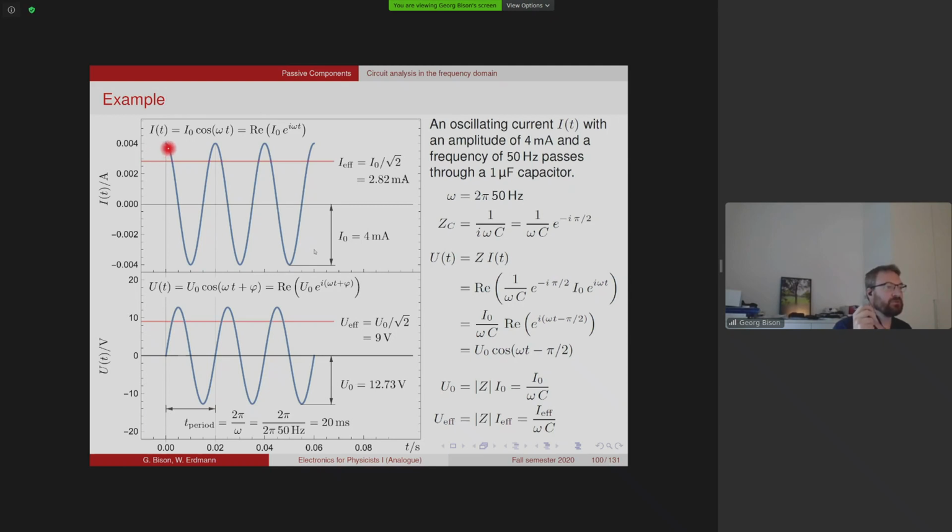So first the current peaks, and then a quarter of a period later, 90 degrees later, the voltage has its peak. Okay, so this should give you an example of how this is used. In reality, what's really important is this equation here, that you can go from this amplitude to that amplitude simply by multiplying with the magnitude of the complex impedance.